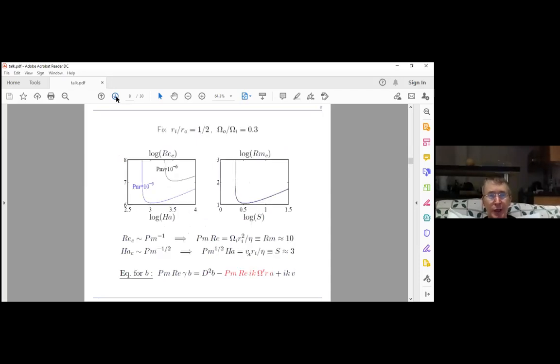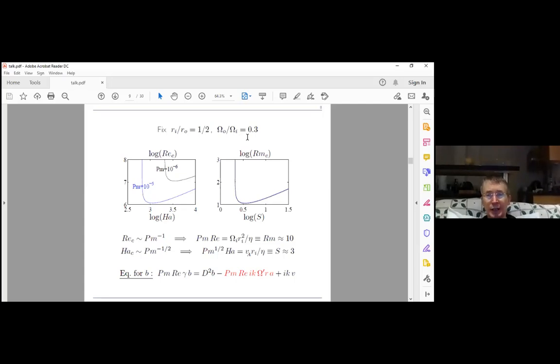So what do you get in that case? Well, suppose we fix that as our radius ratio, and we fix that as our rotation ratio, which is carefully chosen to be in the analog of that regime that we would have for the astrophysical accretion disks.